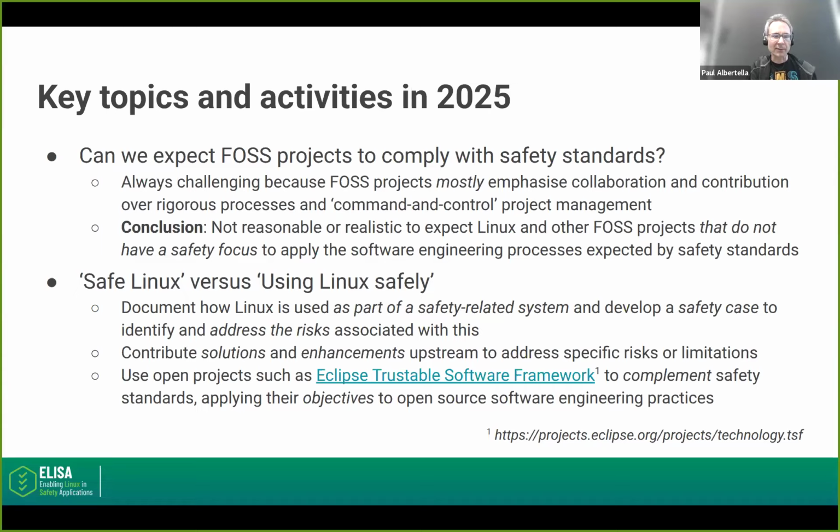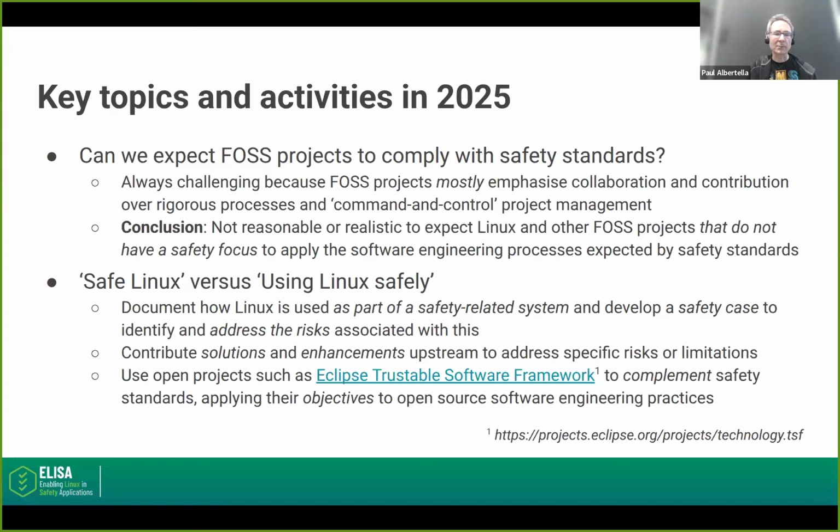So the conclusion that we've reached, particularly in OSEP, but I think more generally in ELISA over the years, is it's not reasonable or realistic to expect Linux to actually fulfill the requirements of the safety standard. In a previous working group, we spent a lot of time looking at what processes are applied to the Linux kernel and how those do map to the kind of expectations the standards have.